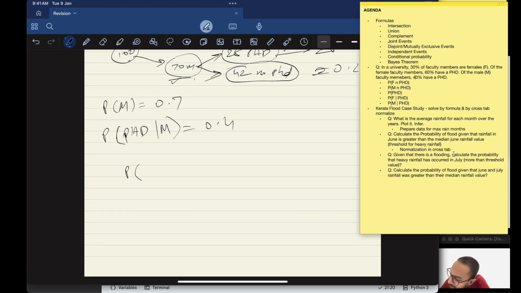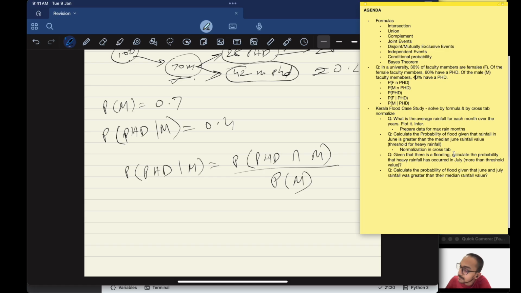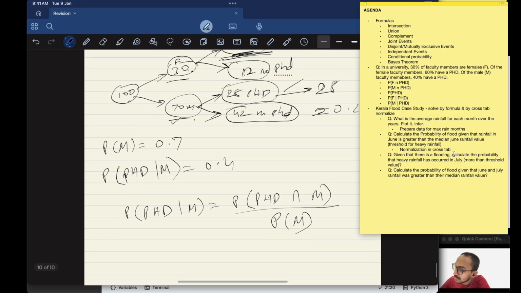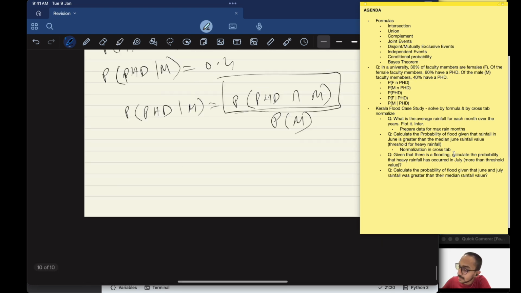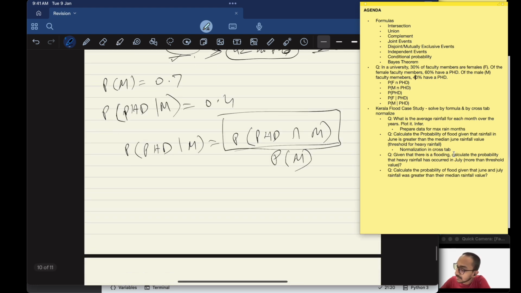P of PhD given male equal to P of PhD intersection male over P of male, right? So the question is male intersection PhD, which is the same as PhD intersection male, right? Because when you have two sets A and B, the intersection remains the same if it is B and A or A and B.